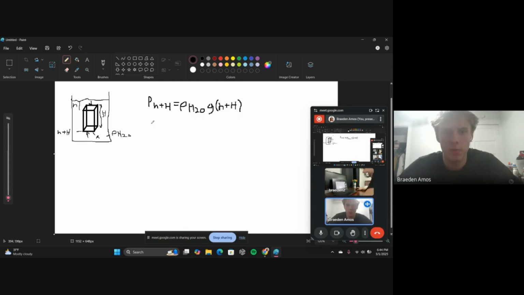We also turn this into a force. But the only thing that changes when it's a force is we're going to add the area.